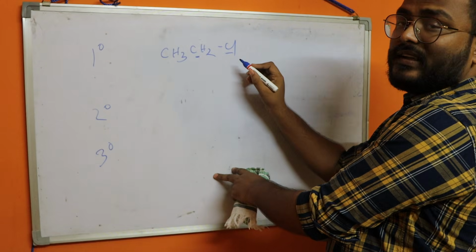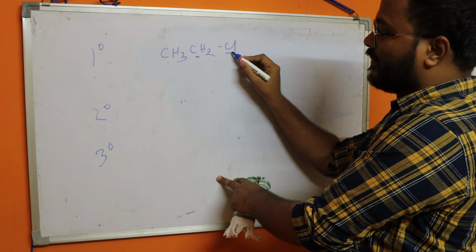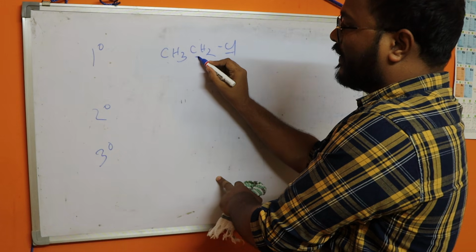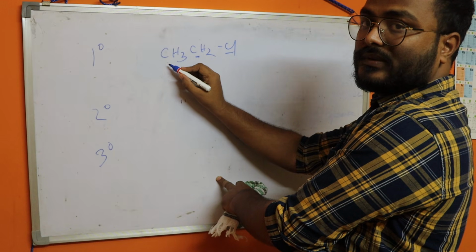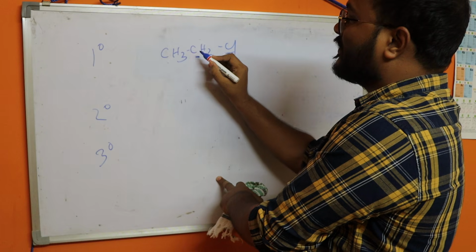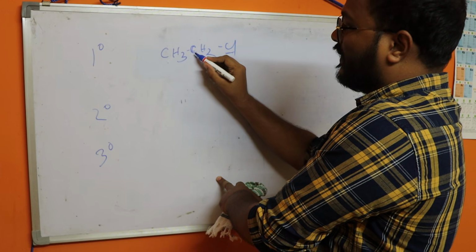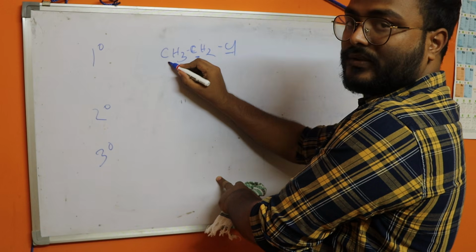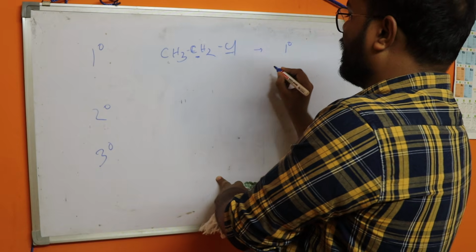We have to consider the carbon atom to which the guest halogen atom is connected, and how many carbons that carbon atom is connected to. In this case, the host carbon is connected to only one carbon atom. So this is basically 1 degree.